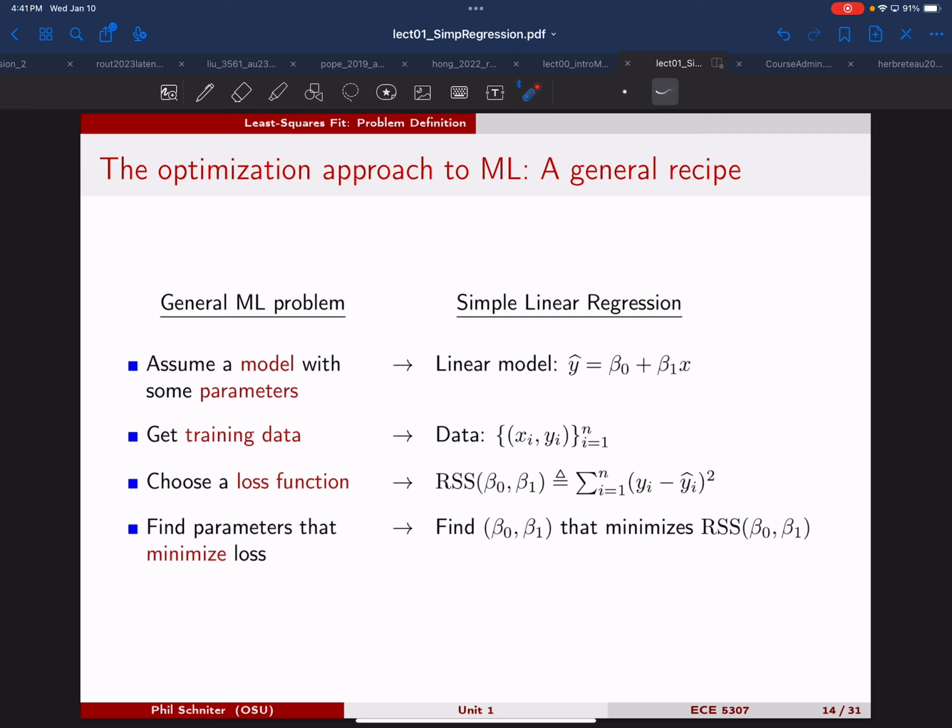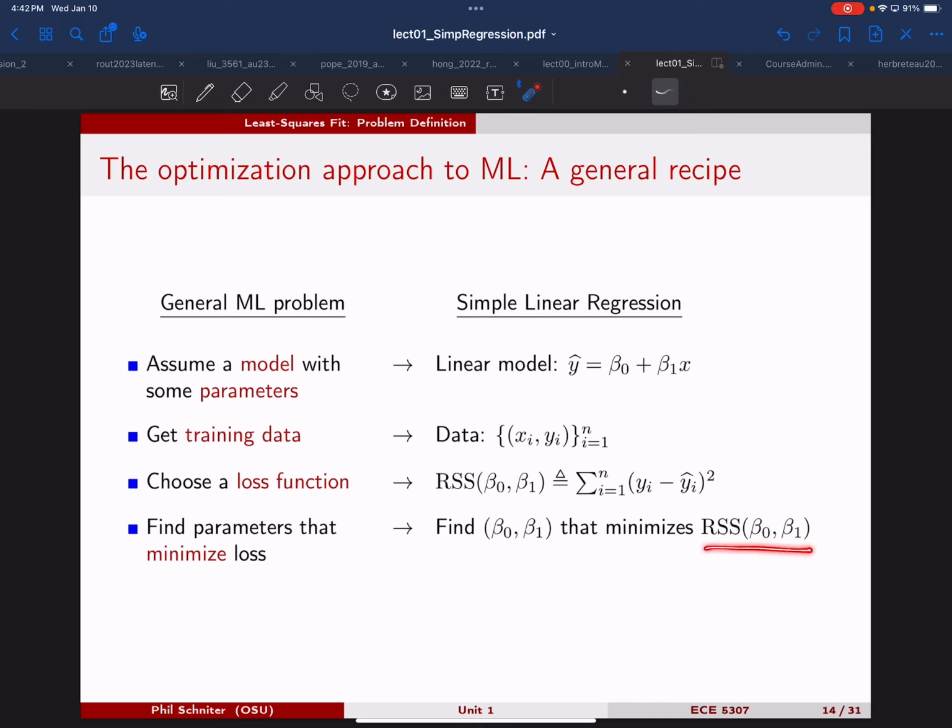For us, these are these XY pairs, and we have n of those. We're going to choose a loss function, which is the criteria that we want goodness in. In this case, it's the sum squared error between the true target and our predicted target. And finally, the last part, which we haven't gotten to quite yet, is we want to find the parameters, in this case, beta 1, beta 0, that minimize our loss.